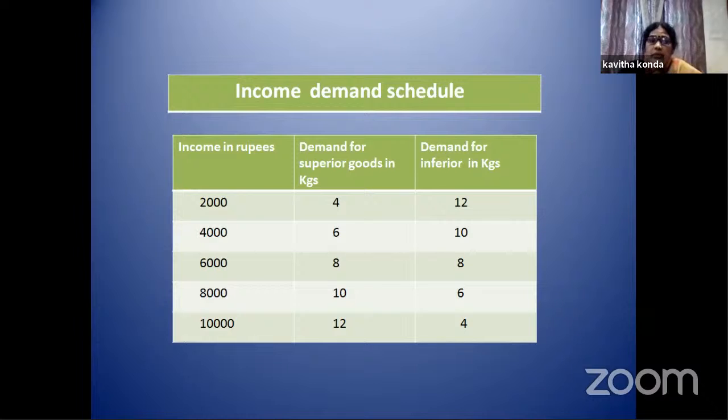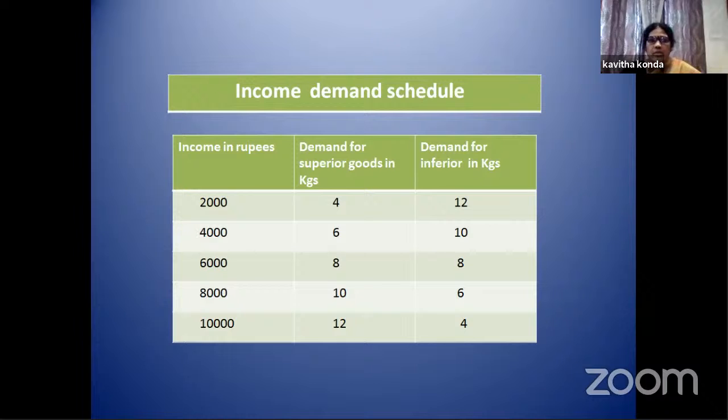When his income increases to 4000, the demand for superior goods increases from 4 to 6. Why? Because the income increased. And for inferior goods, because of the rise in income from 2000 to 4000, the demand decreased from 12 to 10.